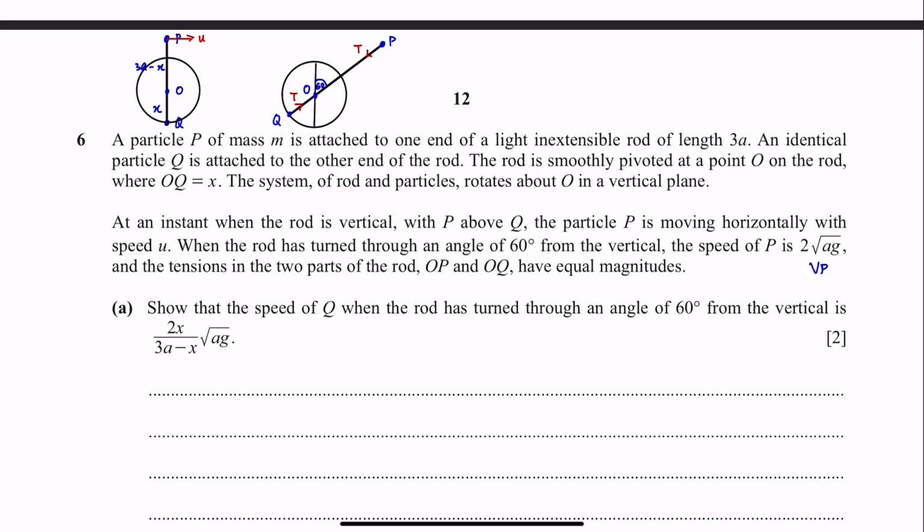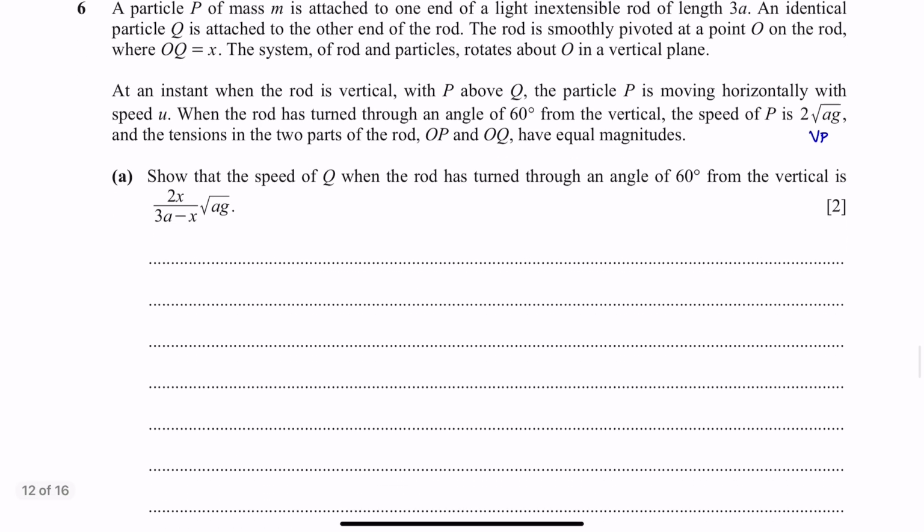So we know that if a rod is turning, two of the points, this and this, would have the same angular velocity, which is omega. So knowing that they have the same omega, we can now find the speed.